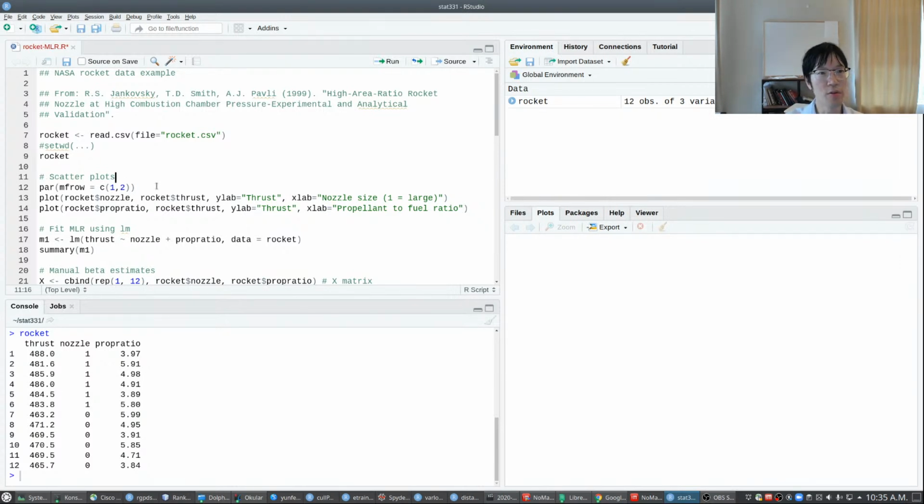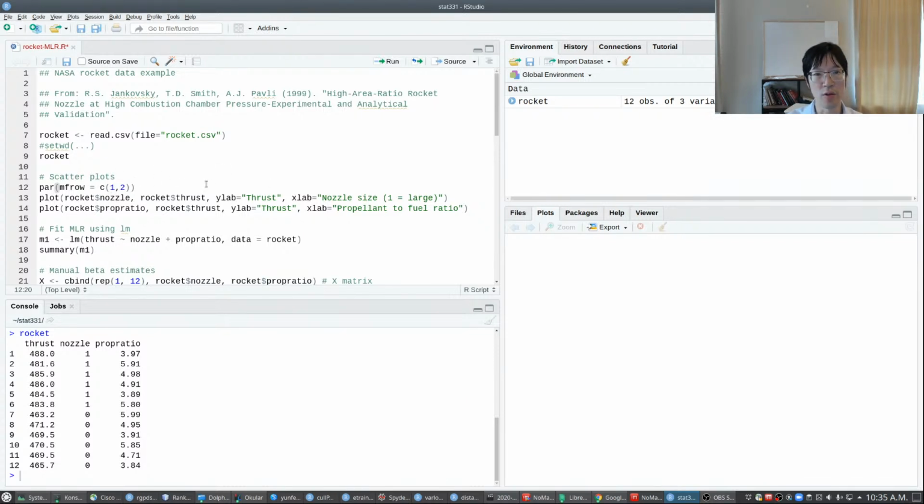And so here's a way to set up our plots in R. So this mfrow parameter, if you set this first, then you can put multiple plots on one screen. And so here I'm dividing it into 1, 2, so one row and then two columns.